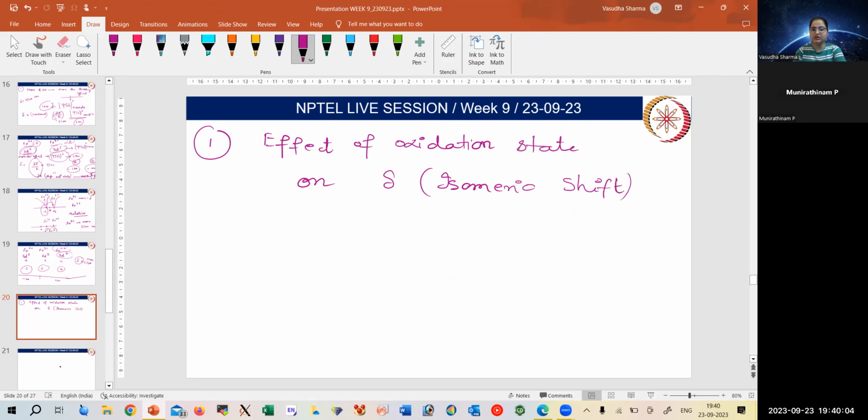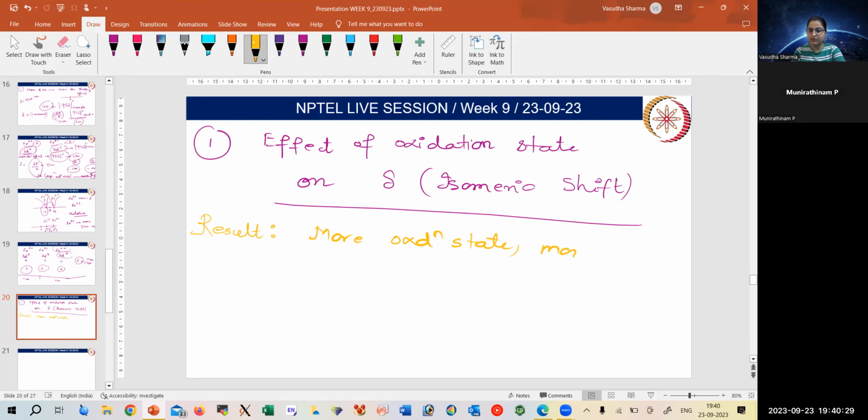And the general result is, if all the parameters like temperature, coordination, everything is constant, and only the oxidation state is varying, then more oxidation state gives a more negative delta value, that is more towards the left side.